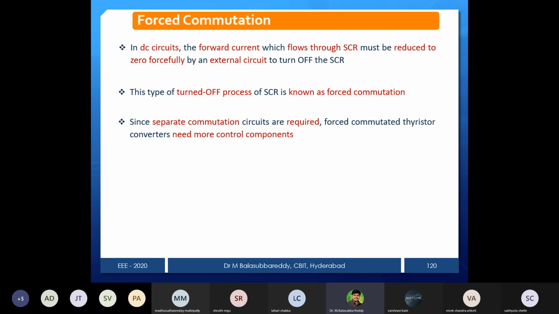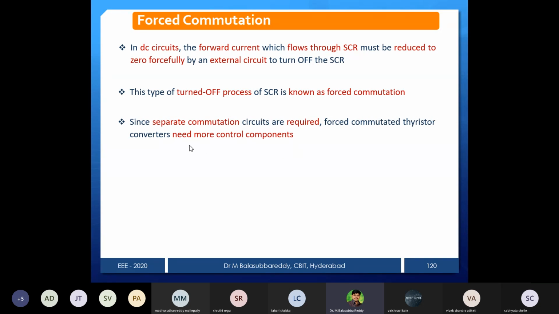In natural commutation, we don't require any separate circuit because the device naturally turns off. But when a DC supply is connected to the circuit, we need to turn off the device forcibly, so a separate commutating circuit is required.